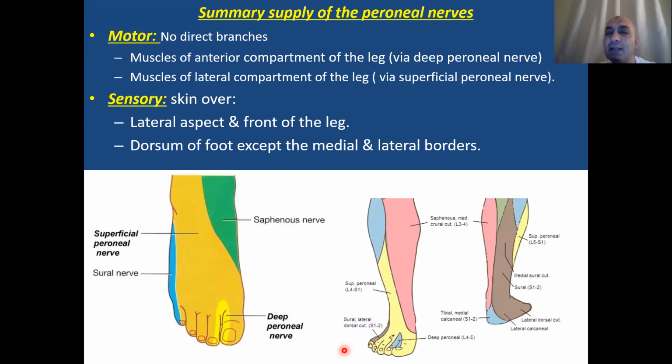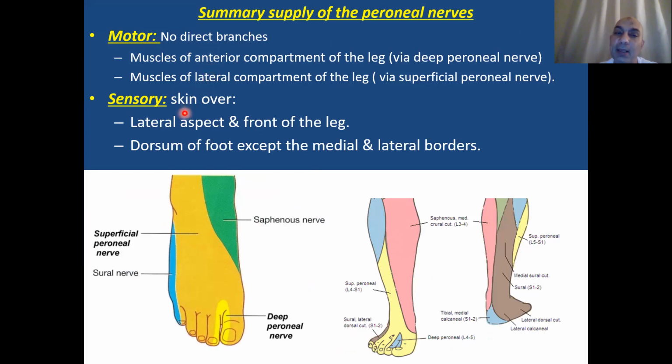So we are going to collect the supply of peroneal nerves, all of them, in the form of common peroneal. Common peroneal has no direct muscular supply, but through superficial and deep peroneal, it supplies muscles of the anterior and the lateral compartment of the leg.